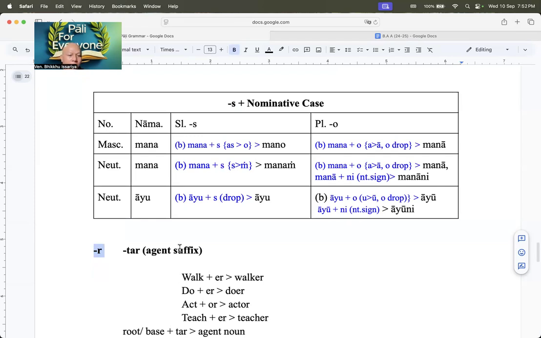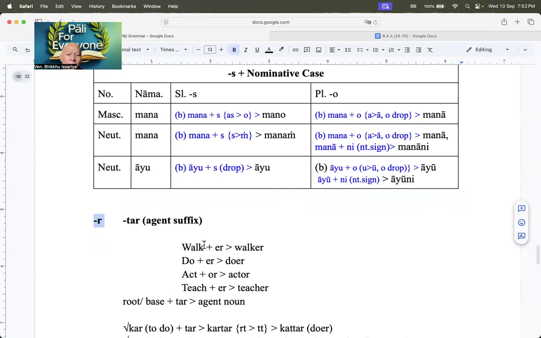So in English here, to the verb, like walk, to walk. So by adding the ER, we have the walker. Walker means one who walks or one who performs walking. So do, by adding the ER, doer. So one who performs the action of doing. So act, actor, or teach, teacher, like that.